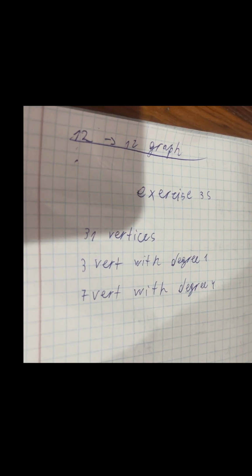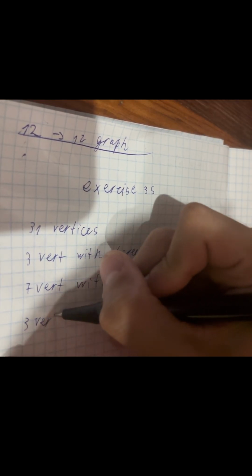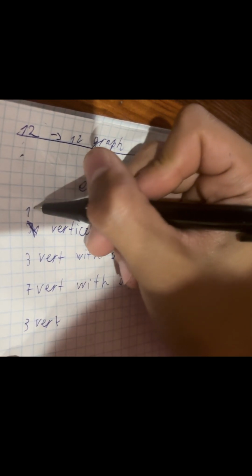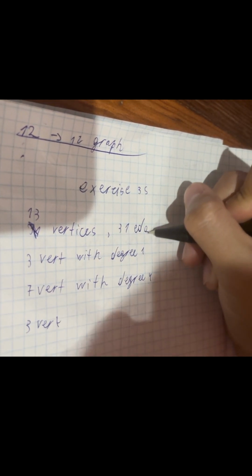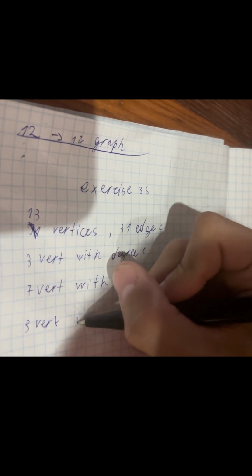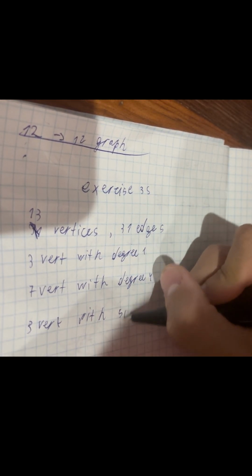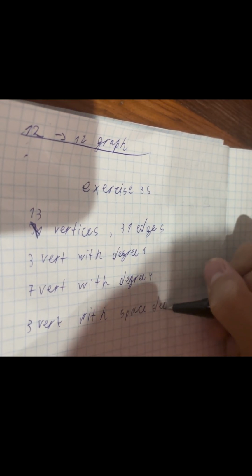Sorry, not 31 vertices, 13 vertices and 31 edges, and 3 vertices with the remaining degree.